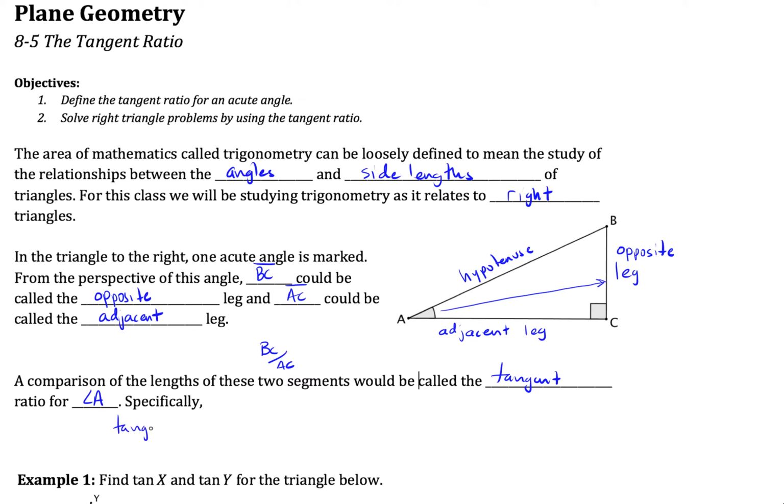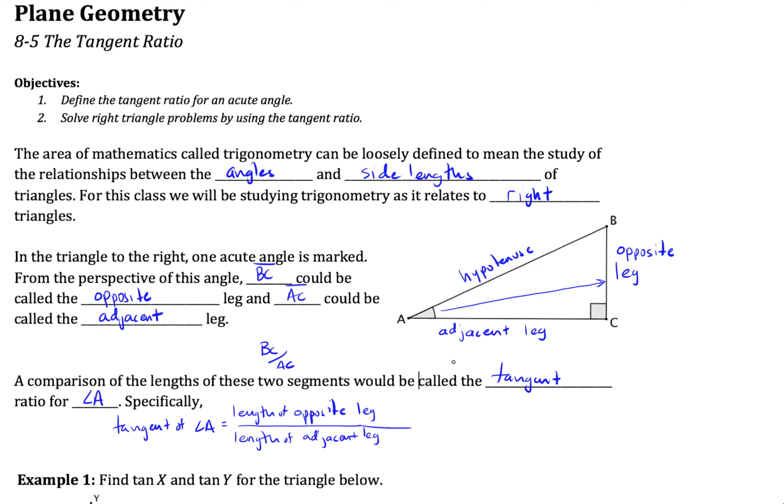We can say the tangent of angle A is equal to the length of the opposite leg divided by the length of the adjacent leg.